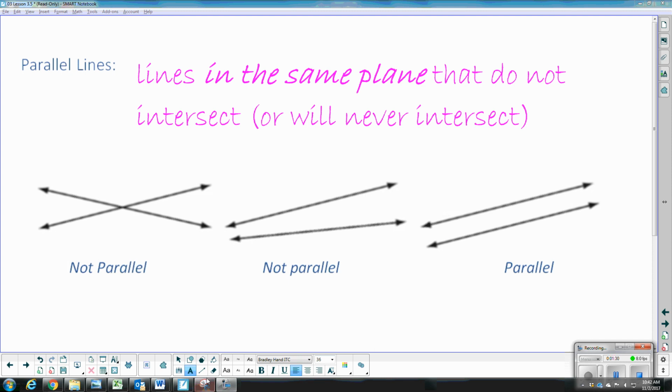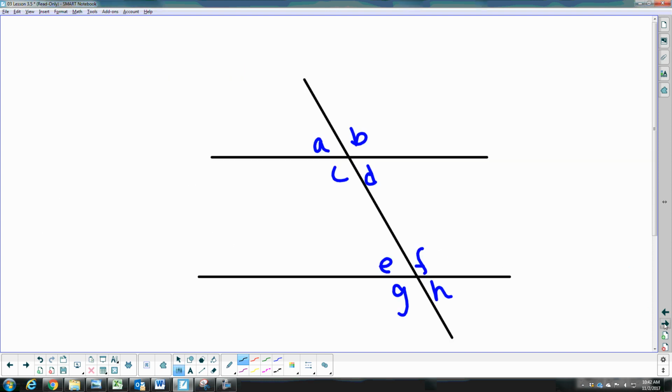The distance between this point here and this point is the same as the distance between these 2 points. Okay, so if the distance between all of the points on the lines, both of them, are the same distance from the other lines, then they are never going to intersect, therefore they are parallel.